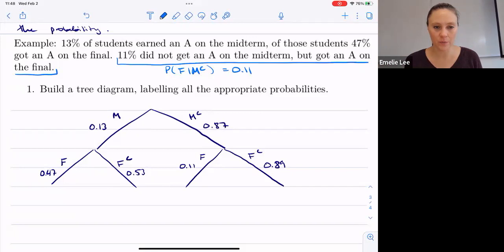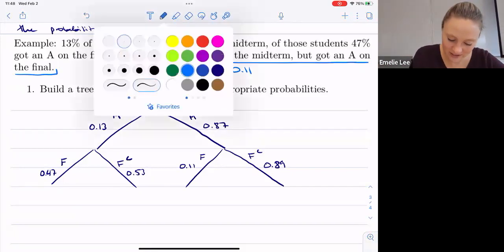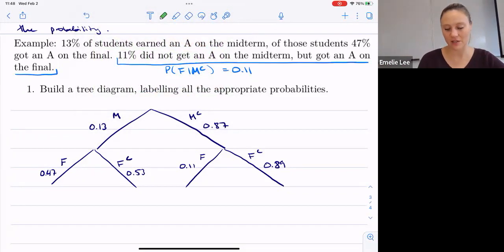What I usually do is I get bored of writing, so at the end of each branch, I just write the combination.